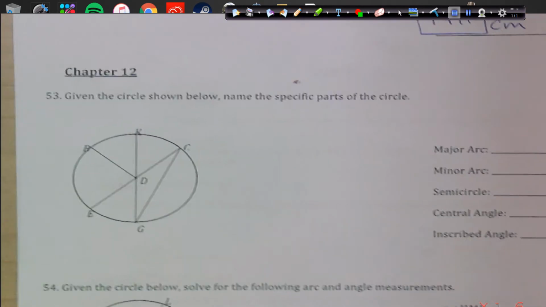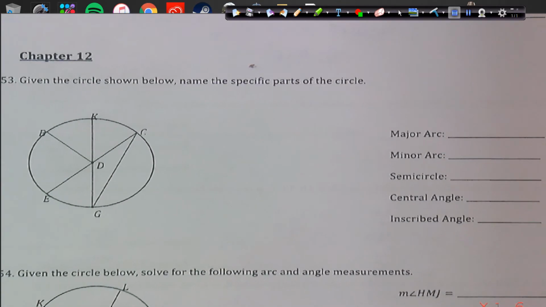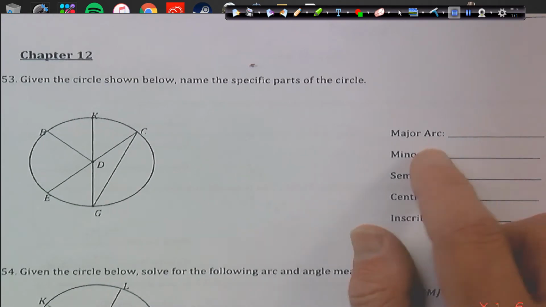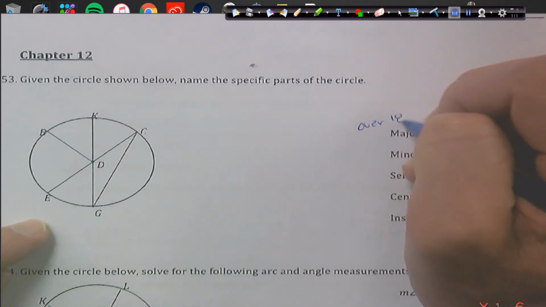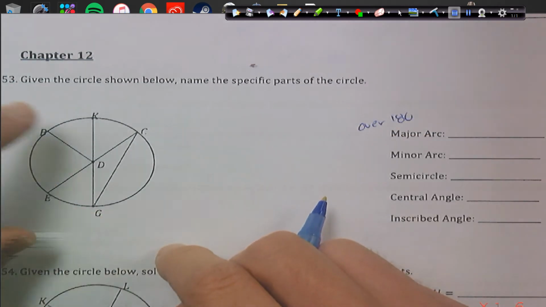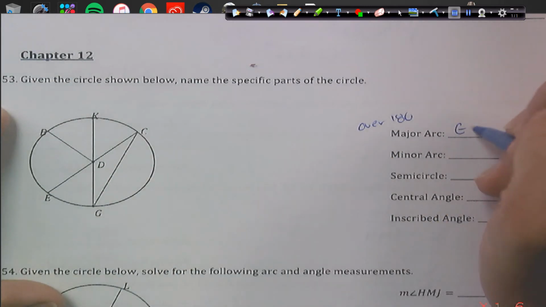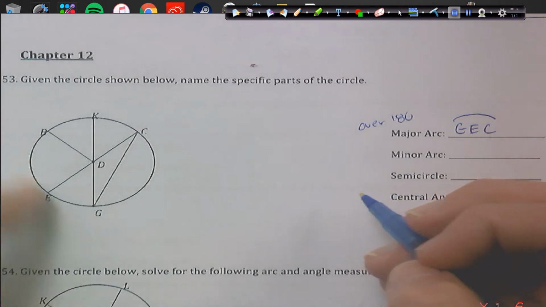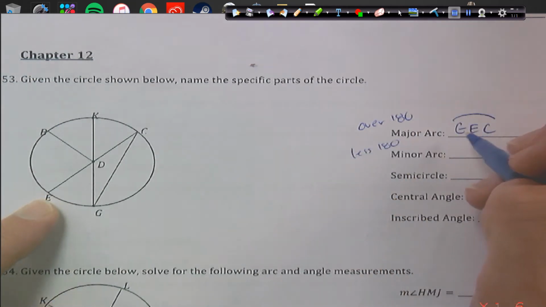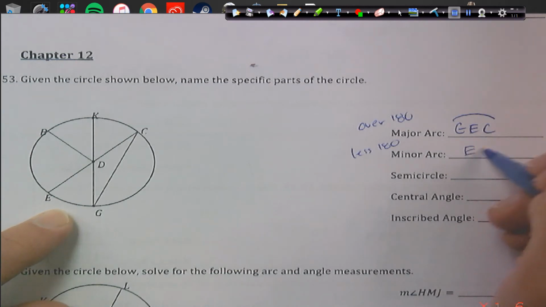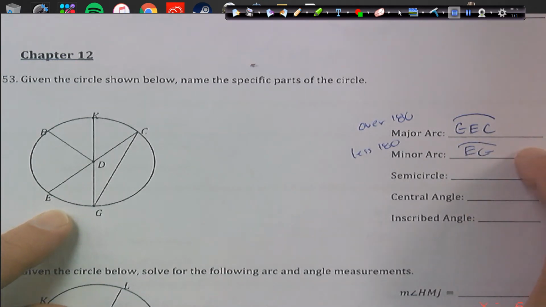All right. Given the circle below, name the specific parts. There are a lot of different answers. Major arc has to be over 180, so I could do GEC, the arc over that. Minor arc has to be less than 180, so I could just do EG, normally 2 and 3 letters.